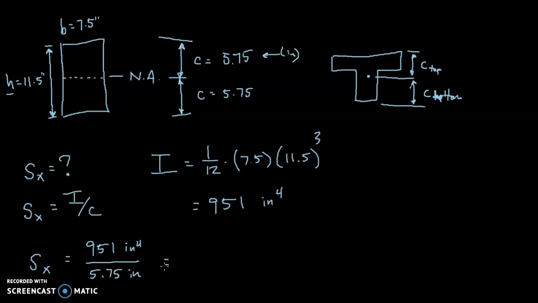And so 951 divided by 5.75 is 165.4. And therefore the units for section modulus is going to be inches to the third power. Okay. In the next video, we'll look at how we can use this section modulus.